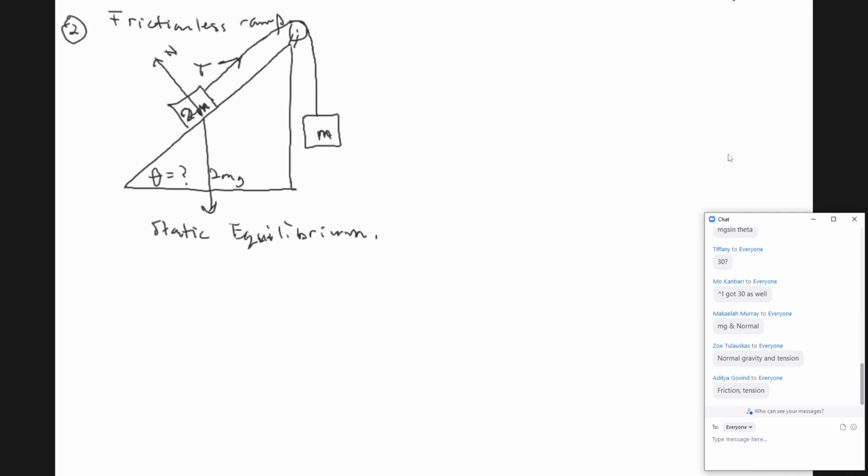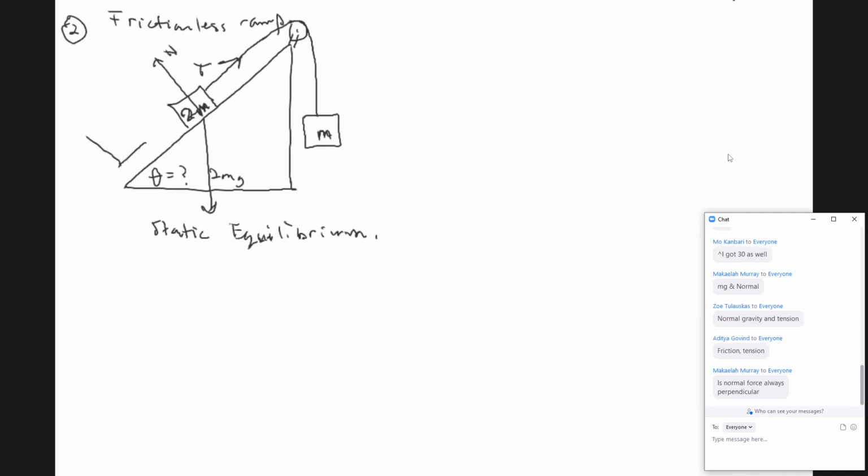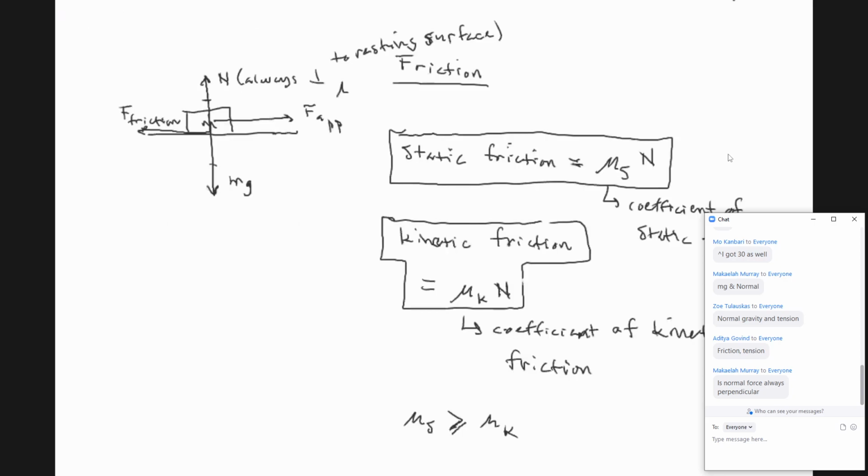So both normal force and tension are along the axes we're going to draw. Yes. Michaela, if you go back and look at normal force, it is always perpendicular to the resting surface.